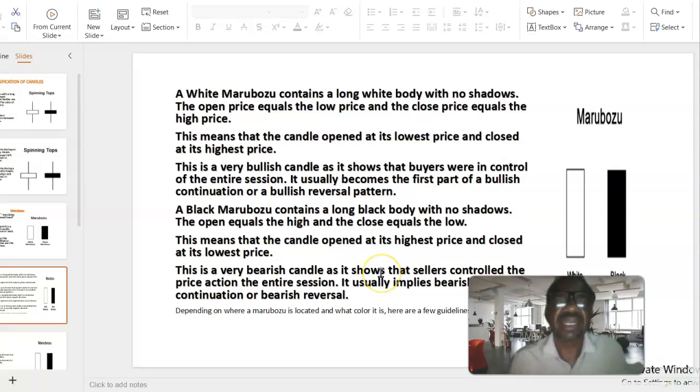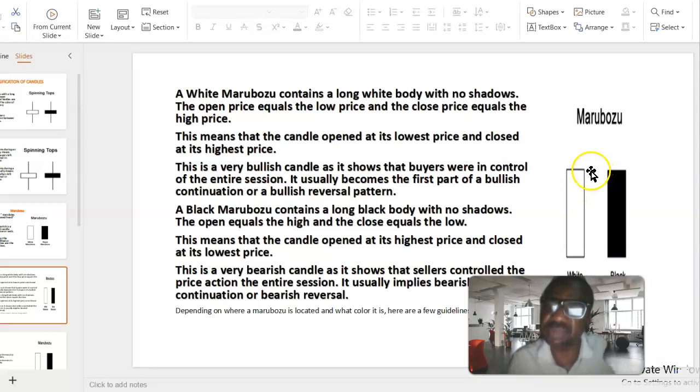A white Marubozu candle contains a long white body with no shadow. The open price equals the low price, and the close price equals the high price. What this means is price opened here, and this is the same thing as the low of the price, and price closed here.